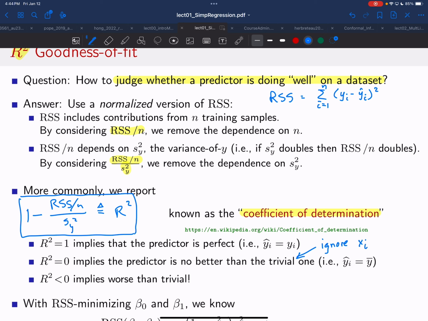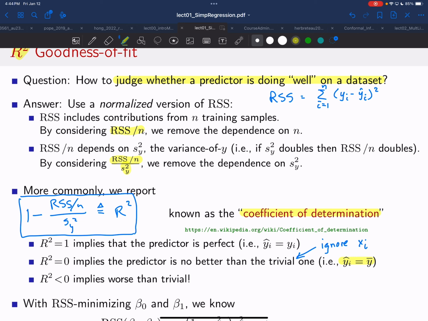All I'm going to do to make my estimation of the target is set it at the mean of all the other targets I've seen. So this answer is pretty trivial because it doesn't depend on xi at all. It's just a fixed number. In some sense, it's the best fixed number you can use, but it's just a fixed number.